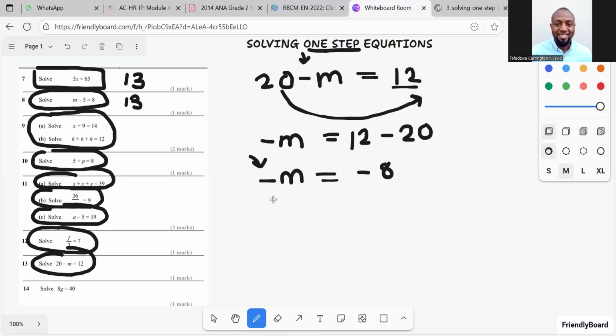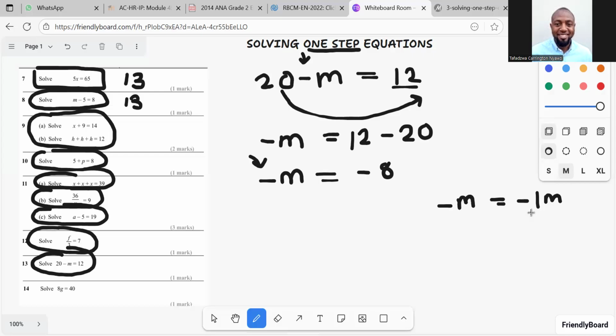So how do I remove this negative m? There's something that I need to explain to you. Negative m is the same as negative 1m.